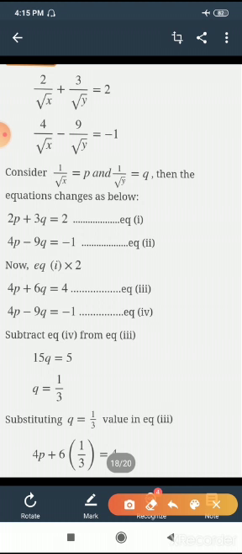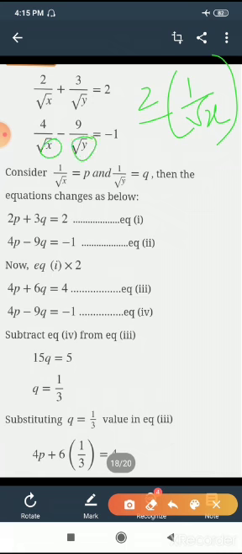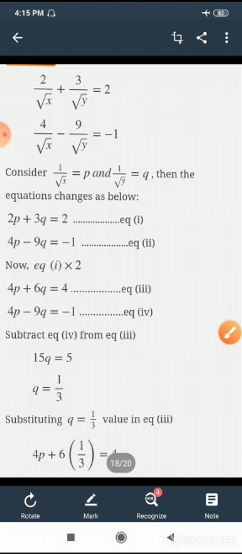For that, see here, 2 by root x is 2 into 1 by root x, and 3 by root y means 3 into 1 by root y. Here also 4 into 1 by root x and minus 9 into 1 by root y. So 1 by root x and 1 by root y are common in both the equations. So let us consider 1 by root x as p and 1 by root y as q.